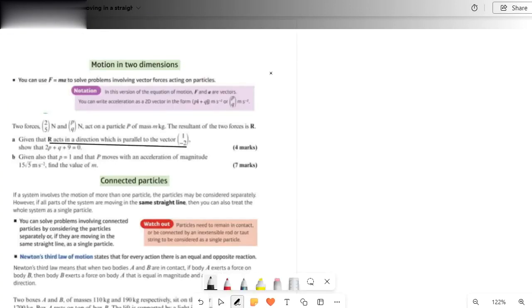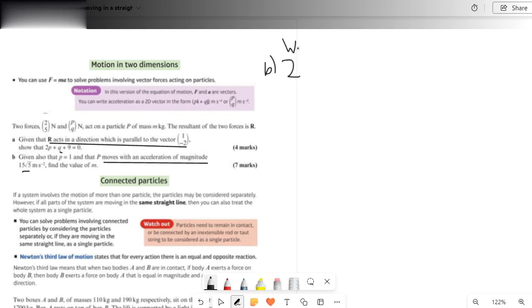So for part B, given also that p is equal to 1 and P moves with an acceleration of magnitude 15 root 5, we have to find the value of m. So first of all, we have to find the value of q using this equation.